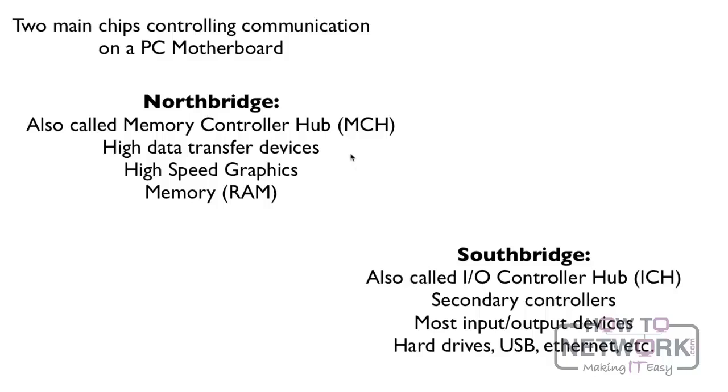So when you see North Bridge or South Bridge on the exam and it asks you what device is transferred over those, you want to remember that the only devices that are going to use the North Bridge are high-speed graphics and RAM. If you can remember this, it makes it very easy to answer any questions, okay? So again, high-speed graphics and RAM are controlled by the North Bridge. The South Bridge, everything else. That's what allows communication between everything else.